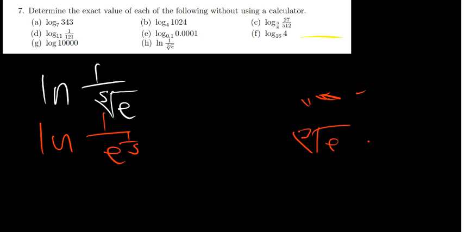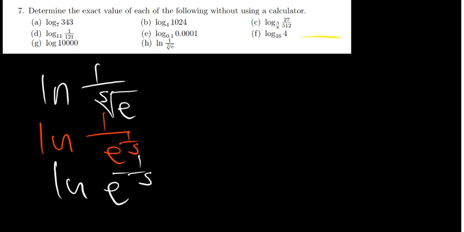Now if I've got 1 over e to the power 1 over 5, and I want to remove that 1 on top, I can say it is e raised to the power negative 1 over 5, meaning the fraction has disappeared, like the way we did in question 1. So now I have ln of e to the power negative 1 over 5, remember it is in base e.